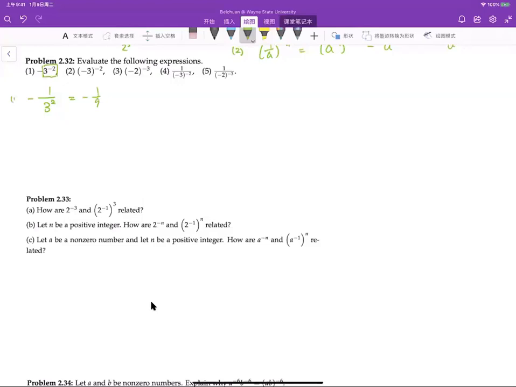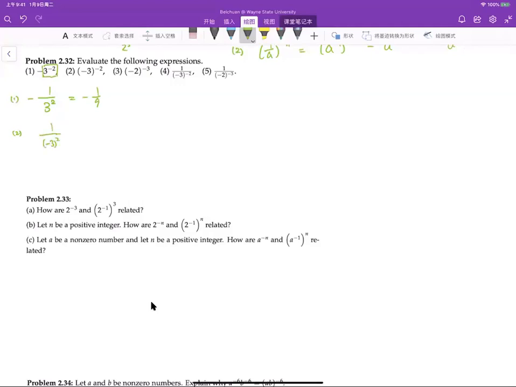Can you do it? Okay. The second one, so it's a power, right? It's 1 over negative 3 to the power of 2. Good.